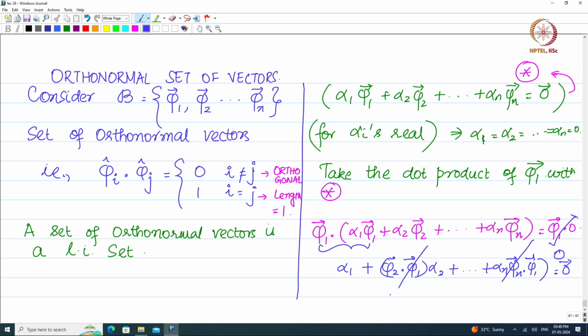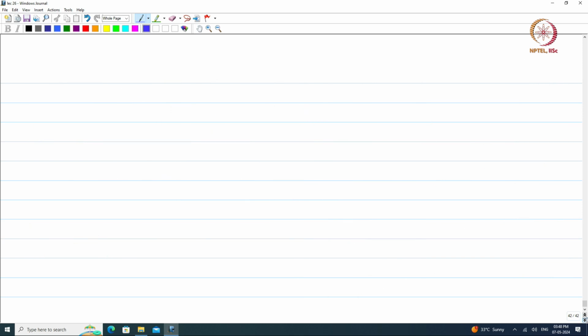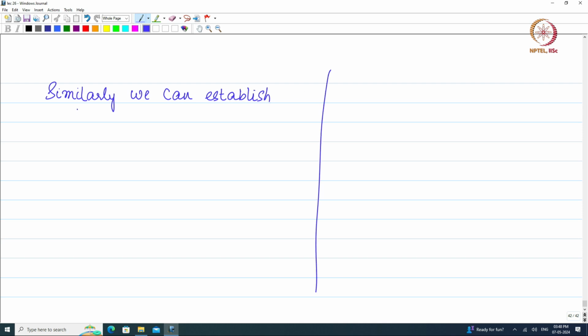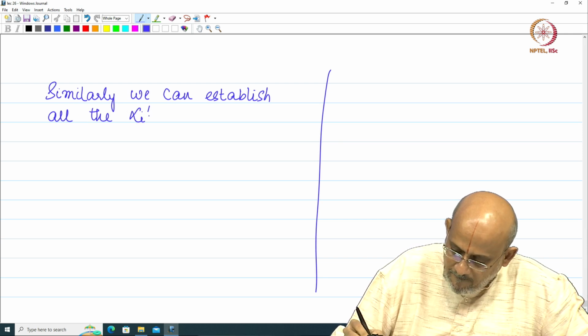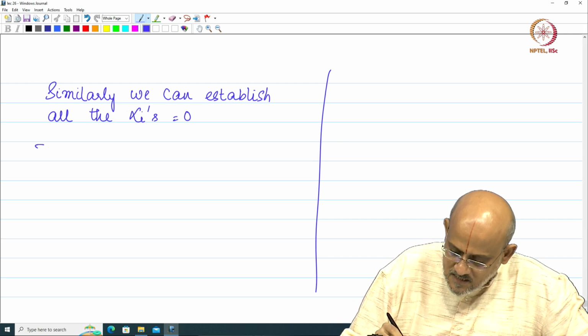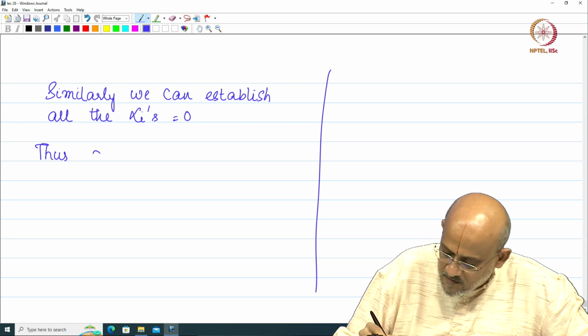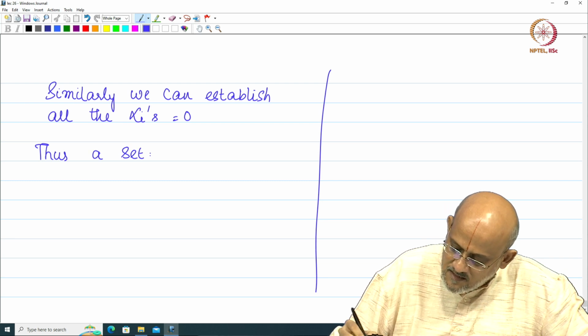All these terms are 0, which implies alpha 1 is equal to 0. Similarly, we can establish all the alpha i to be 0. Thus, a set of orthonormal vectors is a linearly independent set.